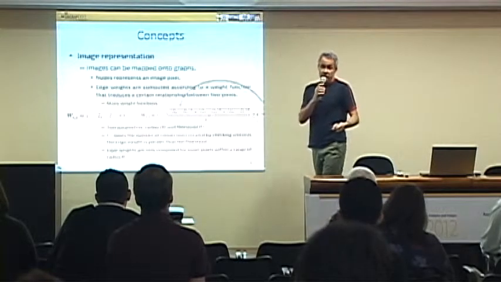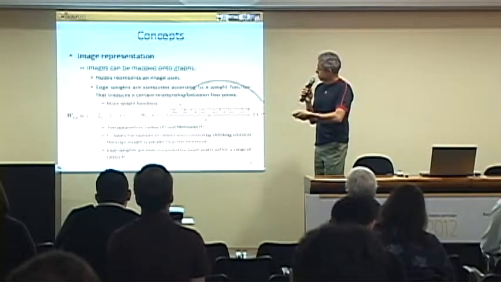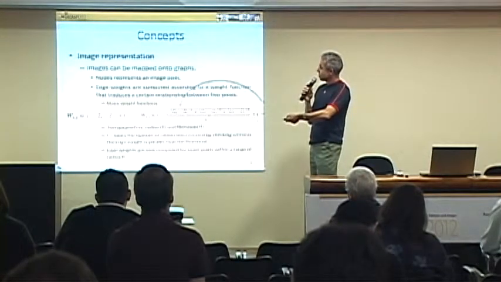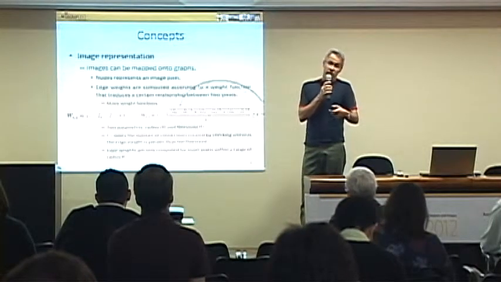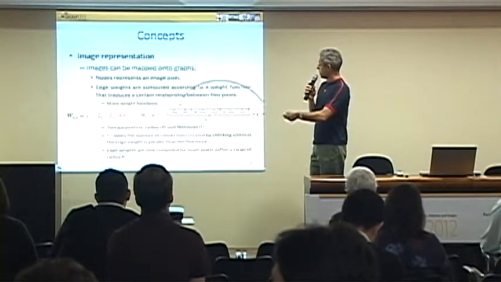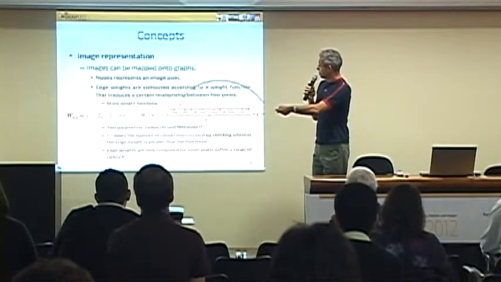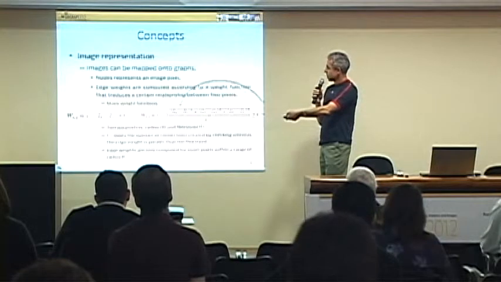In that way, we end up with a graph or a matrix of weights, which may have zero values if some pixels have no relation whatsoever with another pixel or superpixel, or respective weights as it should be.